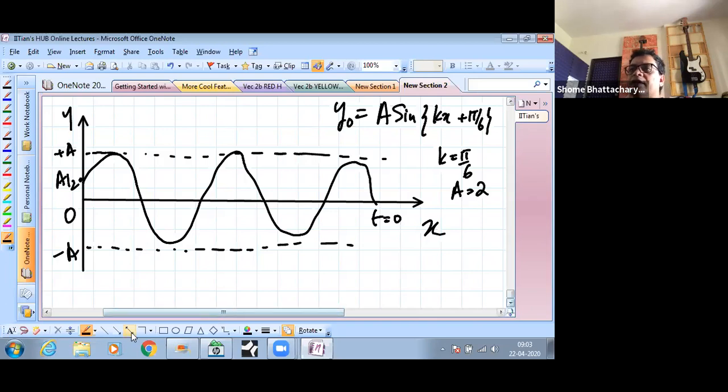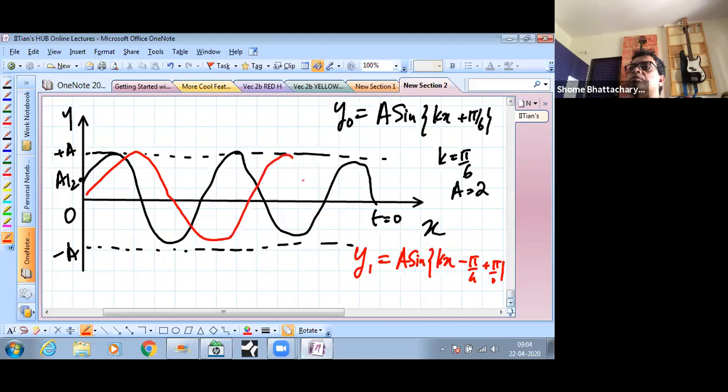Now next, suppose we have to superimpose on this y1, which was A sine (kx minus pi by 4 plus pi by 6). So this whole graph would have shifted by a certain amount, and it becomes something like this. I'll show those points in detail also.